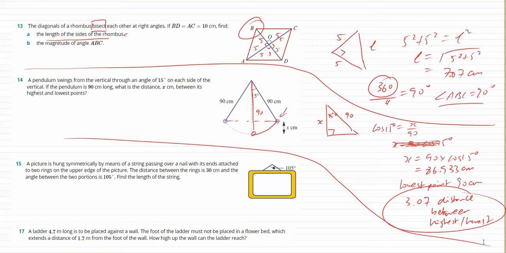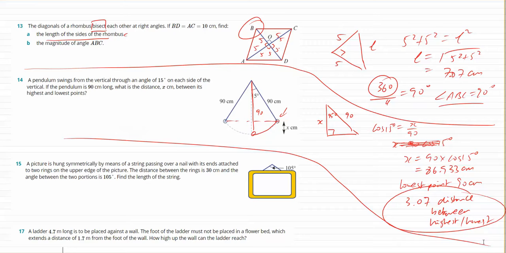A picture is attached symmetrically by means of a string passing over a nail with its ends attached to two rings on the edge of the picture. The distance between the rings is 30 centimeters. Find the length of the string.